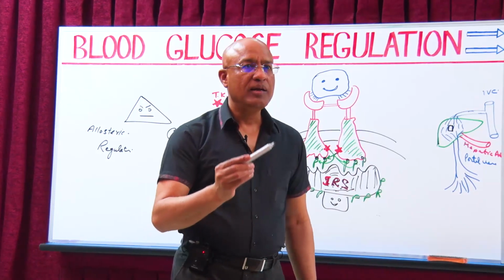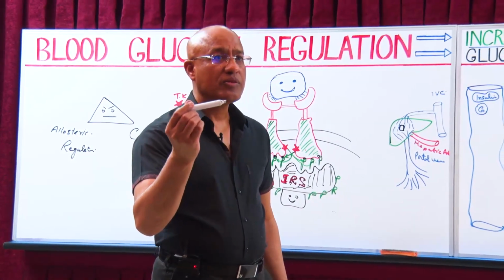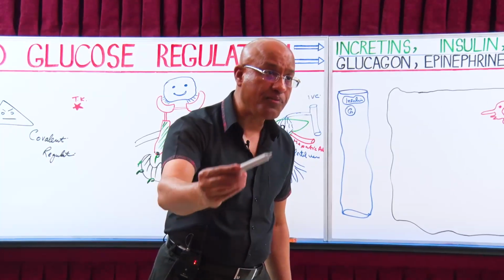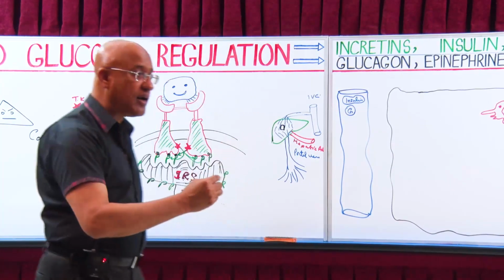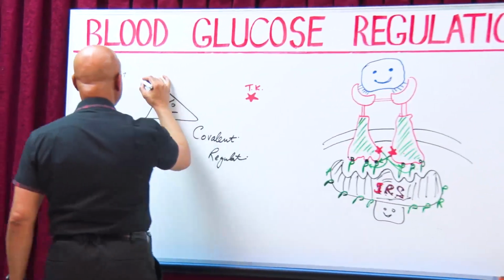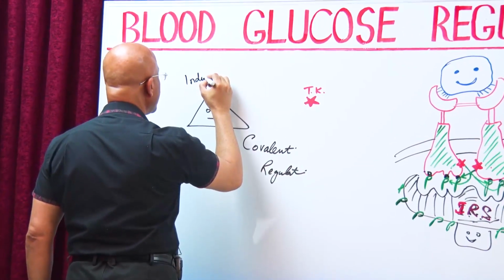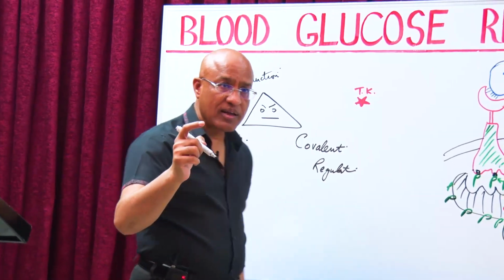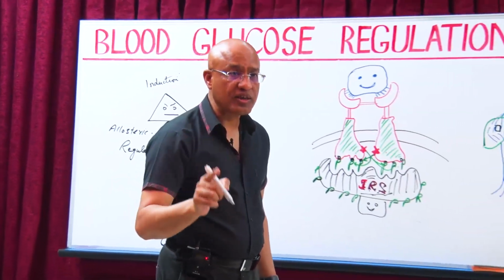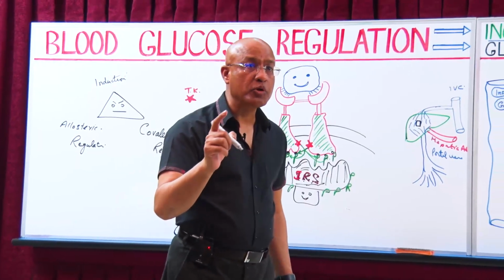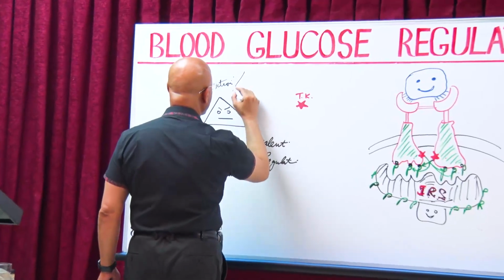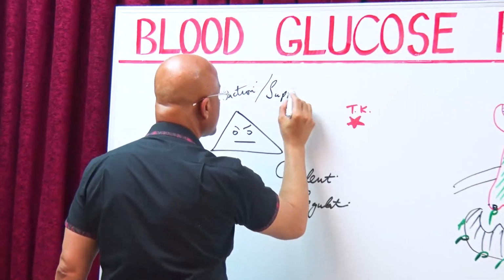For example, if a substance goes to a gene and increases the synthesis of the enzyme, then that is called induction of enzyme. Or if a substance acts on the nucleus in such a way that an enzyme-producing gene is inhibited, we say suppression of enzyme. What do we call it? Suppression of enzyme.